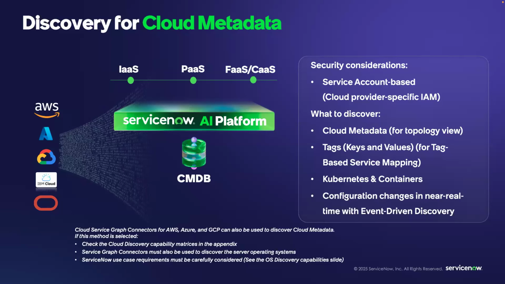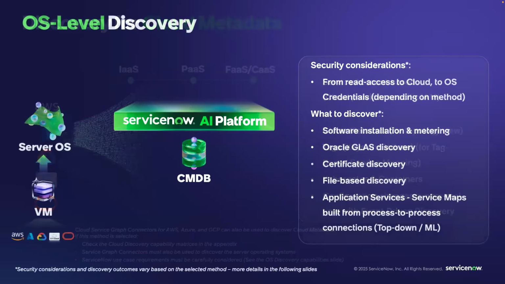So bringing all of that information into the CMDB so you can understand what resources are associated to those accounts, right? And then not only are we bringing in those resources, but we're also bringing in their tags. So those key value pairs that will tell you who the owner is, what application it's supporting, what cost center, so on and so forth, right?